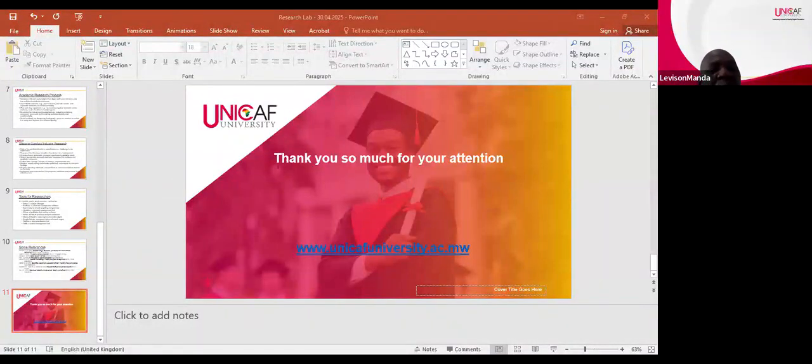Knowledge is for the sake of it. But for industrial research or applied research, you do it because in the industry there is a problem that needs to be solved. You need answers to that thing. For example, if a soap is not working properly, you need to experiment with new combinations of materials that will help you to find a solution. I think that's all I can say for now. Thank you very much.